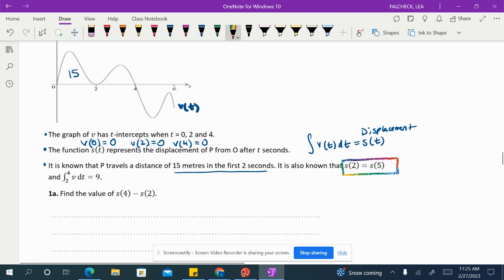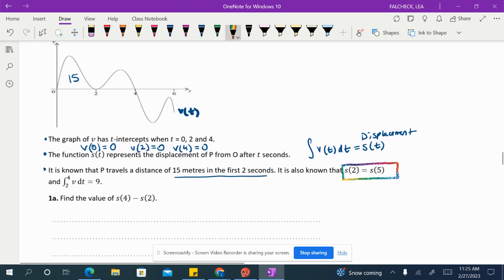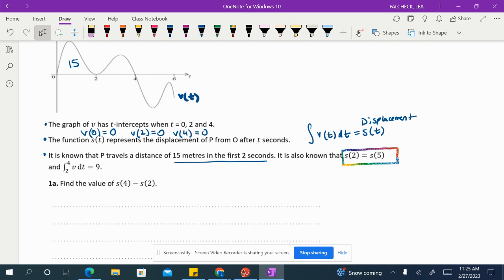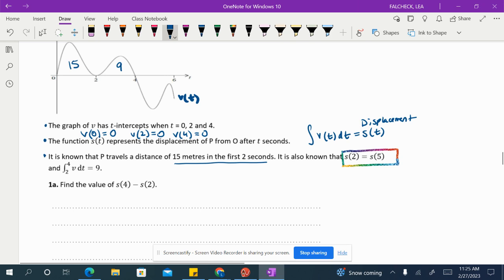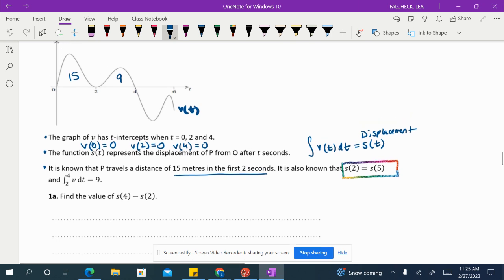And then also between 2 and 4, the integral of the velocity function is going to be equal to 9. So the area under the curve between 2 and 4 is 9, aka the total distance traveled between 2 and 4 is equal to 9.